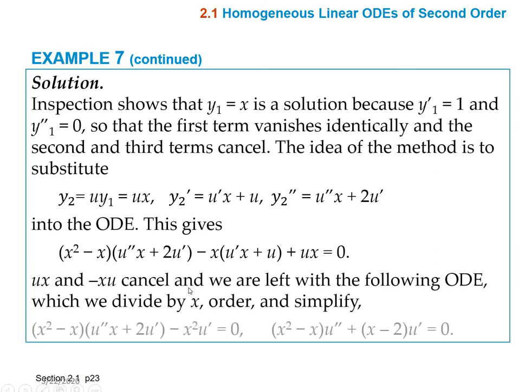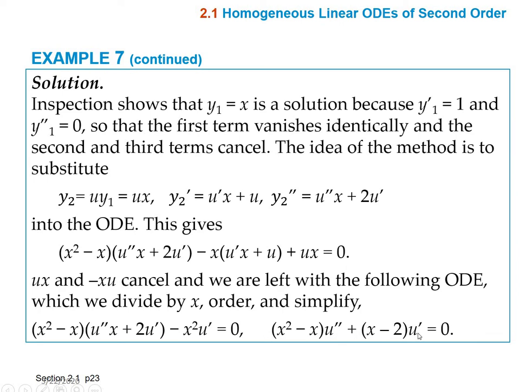If you do some simplifications, your equation is going to be simplified to (x squared minus x) u double prime plus (x minus 2) u prime equals 0. If you look at this, this is a very special equation. In this equation, I can make a substitution.